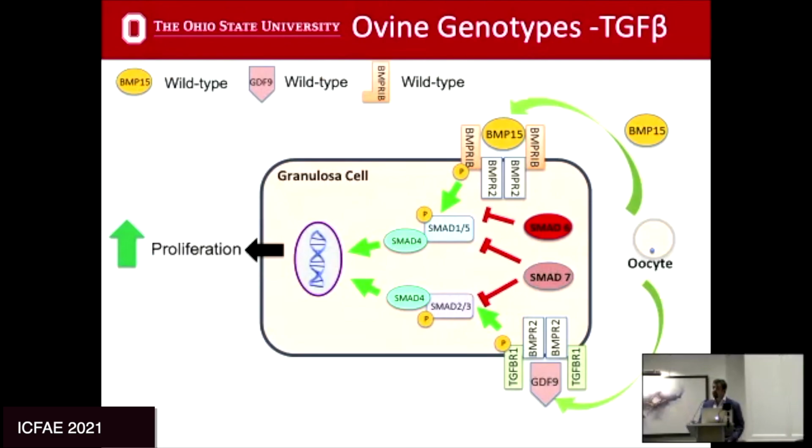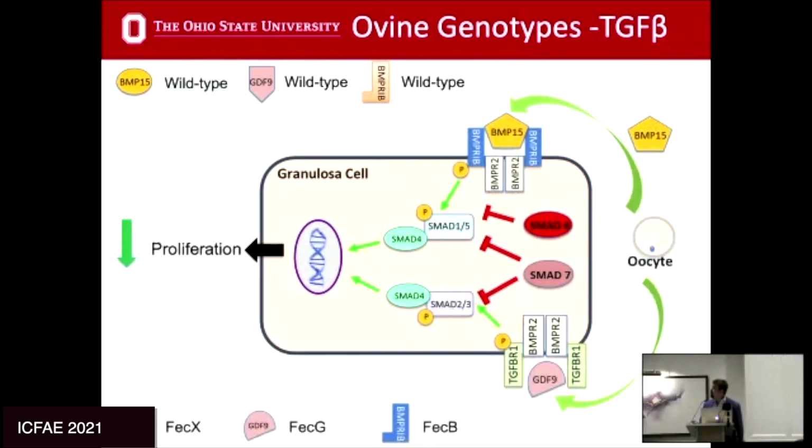But based on the knowledge of the role of TGF-beta on these genotypes, several models have been proposed in which oocyte-secreted factors, which are basically BMP15 and GDF9, will act upon the receptors on granulosa cells and stimulate activation of SMAD pathways that ultimately lead to increased proliferation of granulosa cells and inhibition of their differentiation.